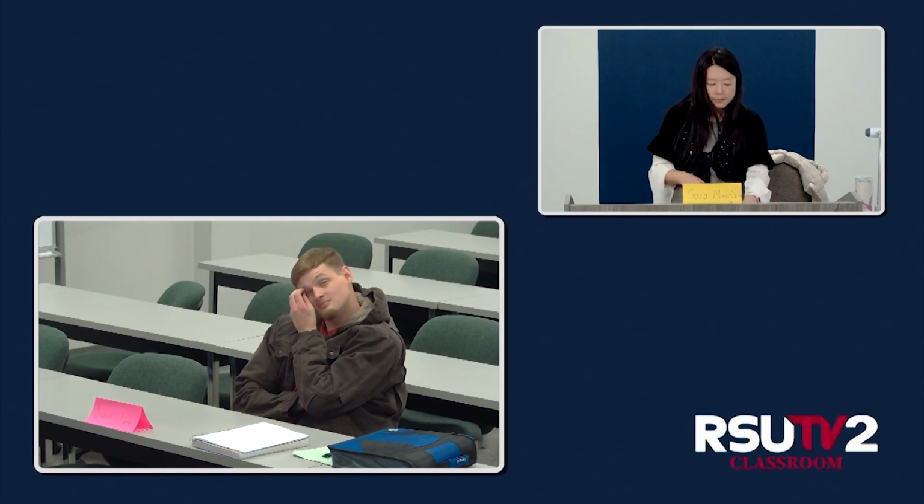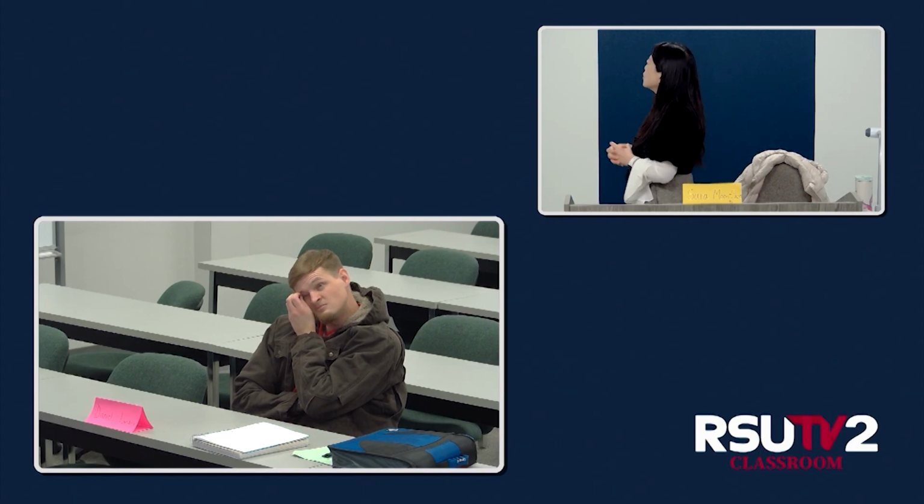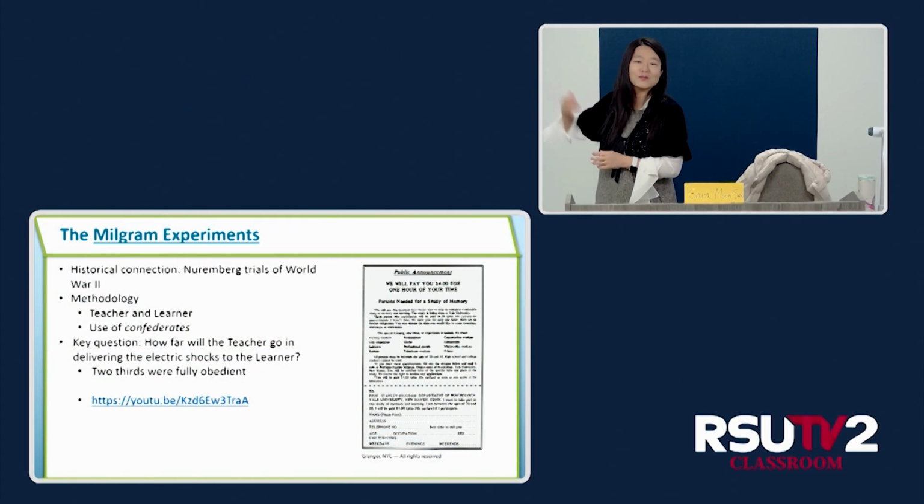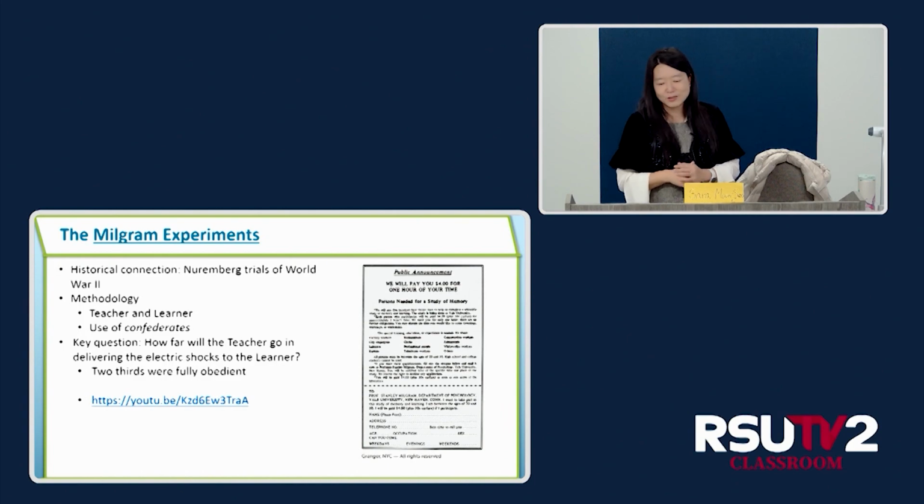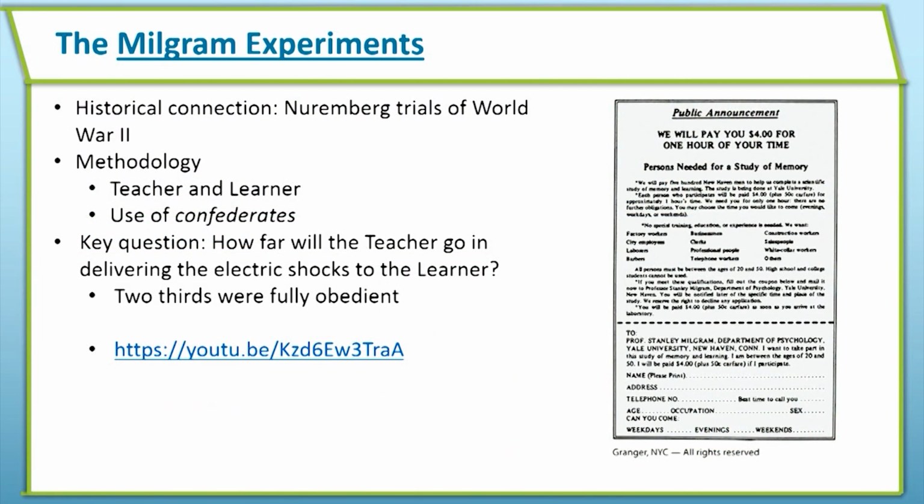So here is the very famous Stanley Milgram's experiment. Those are notorious experiments as well. We are going to watch a video clip, but I want to explain first. They recruited participants at Yale University: if you participate in our study, we will pay $4 for 1 hour of your time. $4 seems very small now, but it was really big money back then.